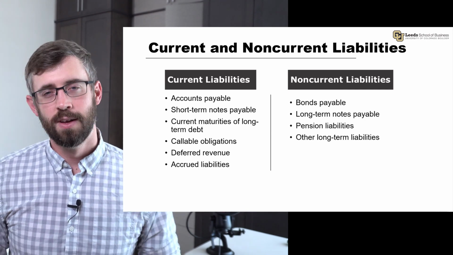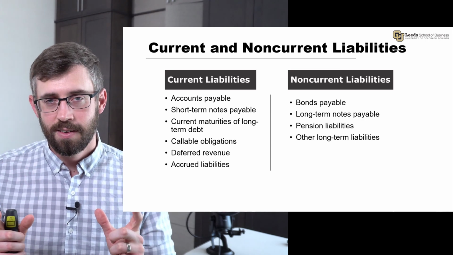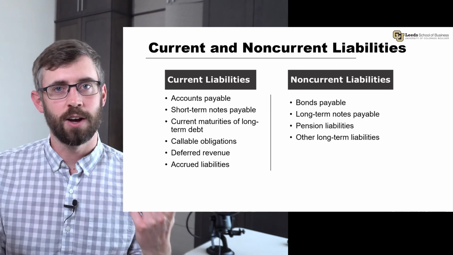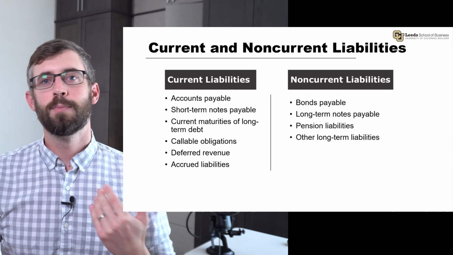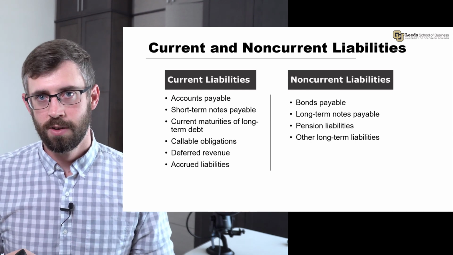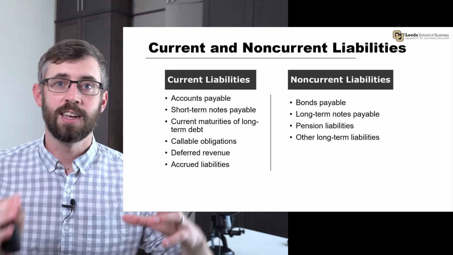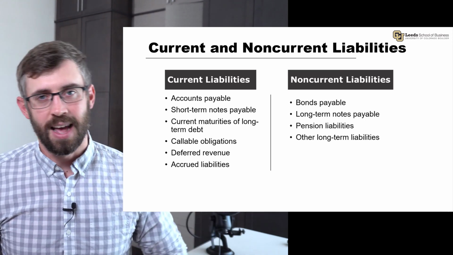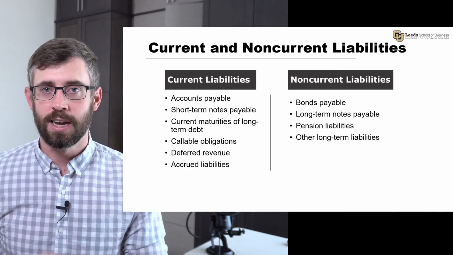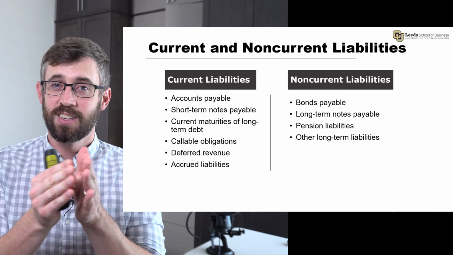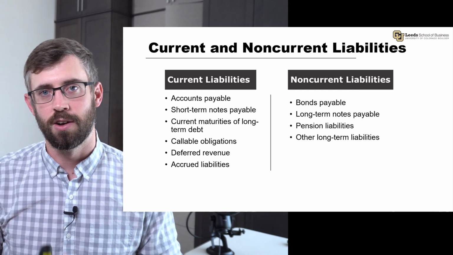Now, one important thing here is that long-term notes or bonds could be split across both categories. If you're making quarterly payments on a loan, the next 4 quarters, what happens in the next year, is going to be a current liability, and the payments that are going to come more than 1 year out are going to remain long-term. So it could be one loan, but it gets split in the liability section on our balance sheet.